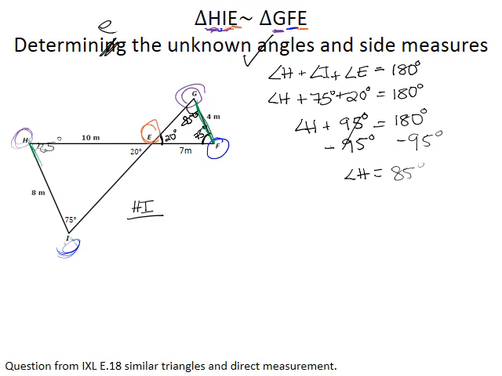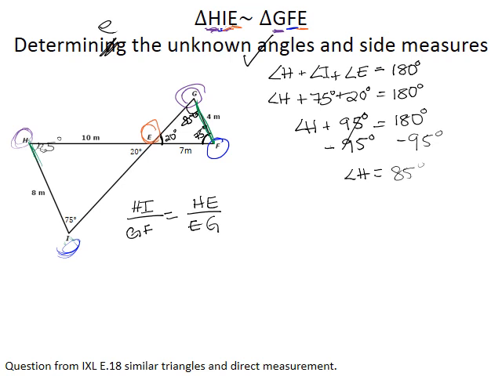HI over GF. And because all the side lengths in here have the same proportion, HI over GF has to be equivalent to HE over EG.